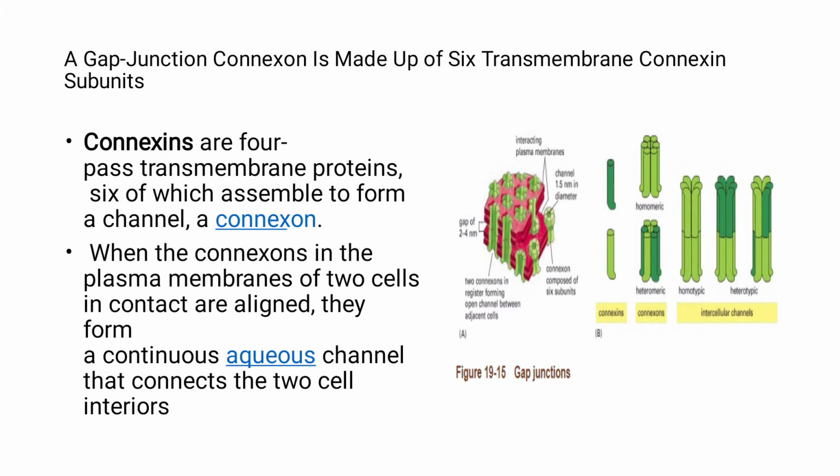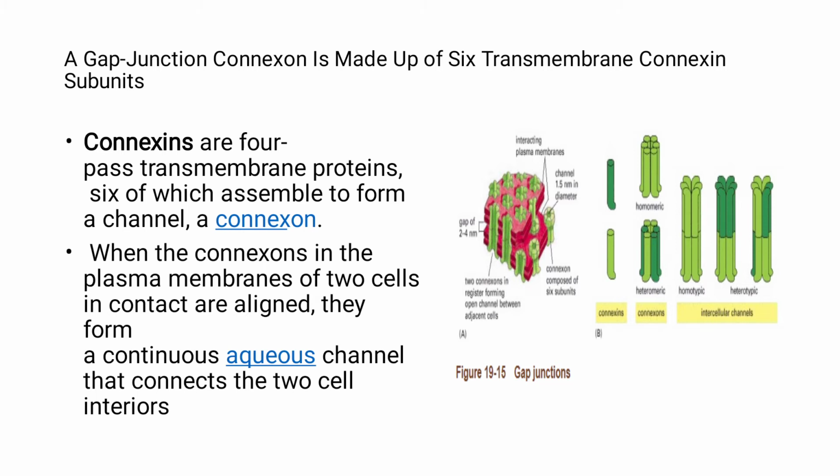So, in this figure, in letter A, it shows a three-dimensional drawing showing the interacting plasma membranes of two adjacent cells connected by gap junctions. The opposed lipid bilayers, which are colored red, are penetrated by protein assemblies called connexons, the green ones, each of which is formed by 6 connexin subunits.